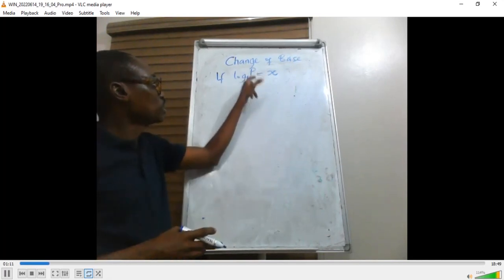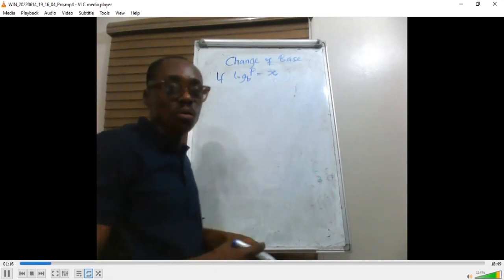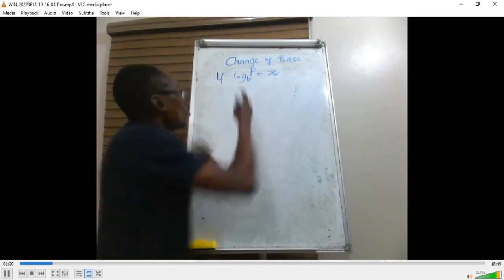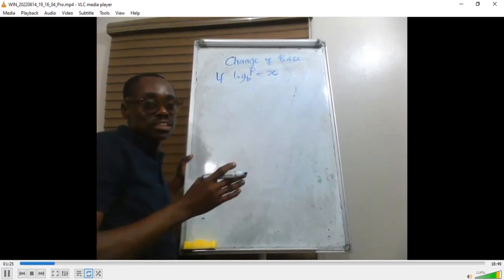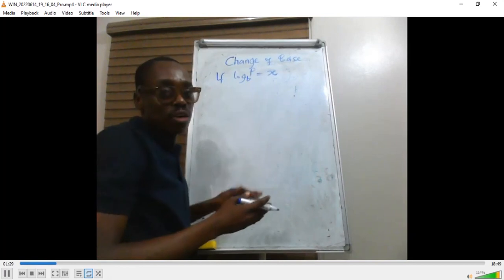Log p to base b is equals to x, and we have to simplify this. So how are we going to simplify? What we're going to do here is we'll apply what we call change of base. But before we apply change of base, how are we going to go about it?